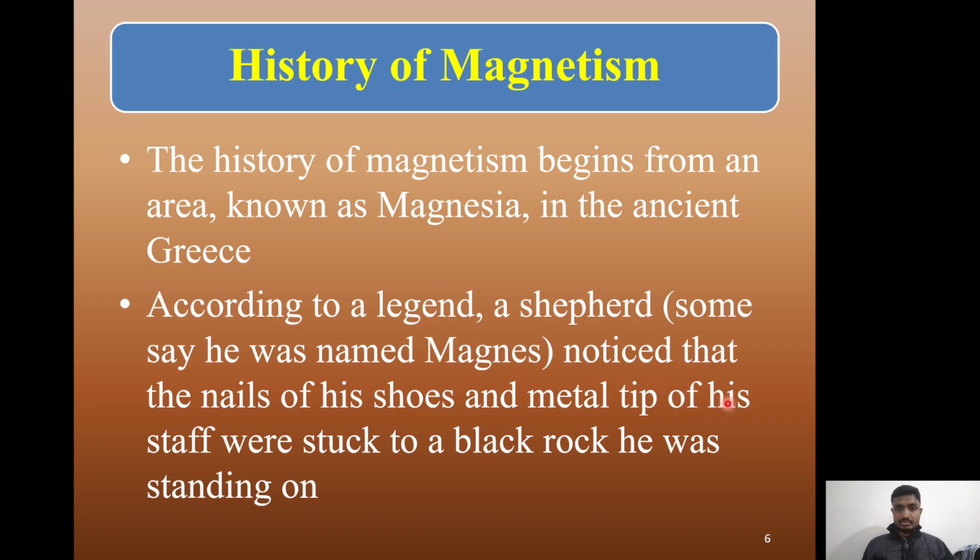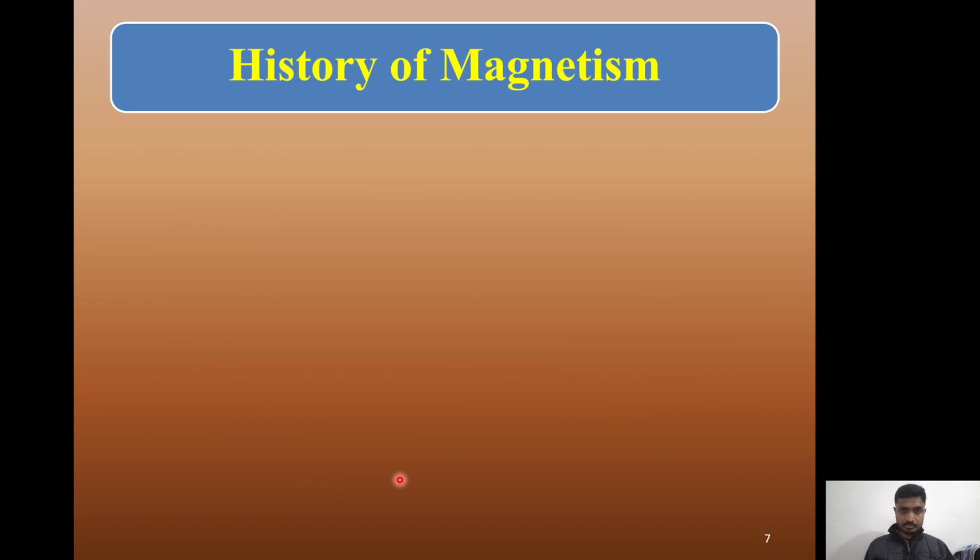When they were walking on the rocks, they noticed their nails of their shoes and the metal tip of the staff would actually stick to the black rock. They were standing on that particular rock. So, that is how slowly this thing started to become very mysterious.